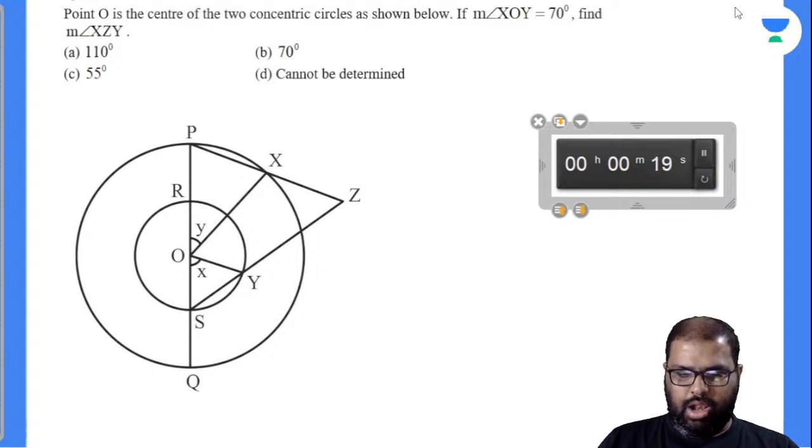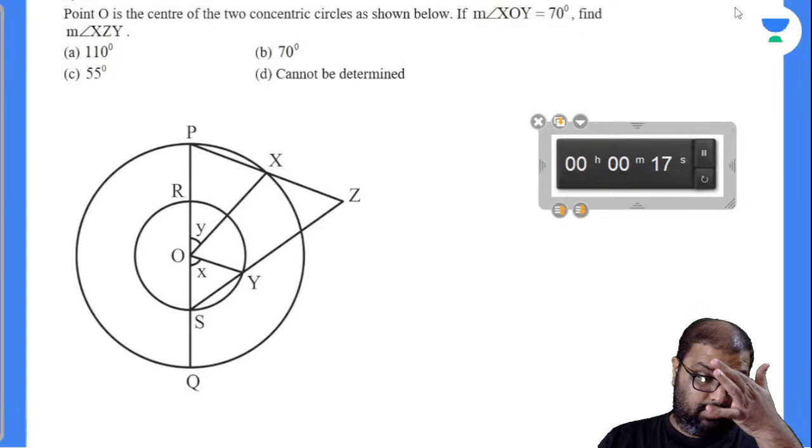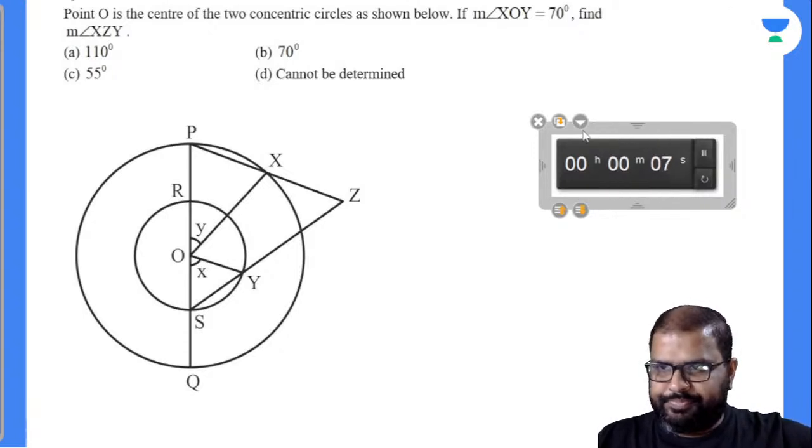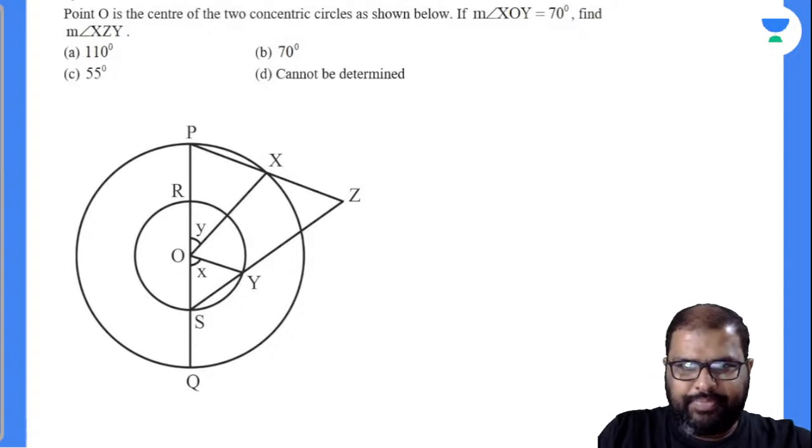Again, this is also basic triangle properties only here. No answers, right? Let's see.